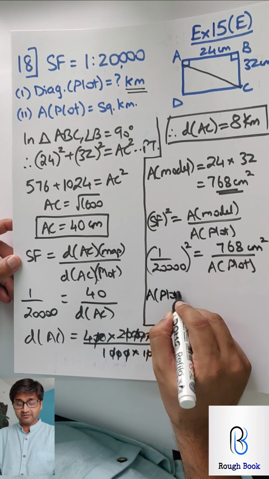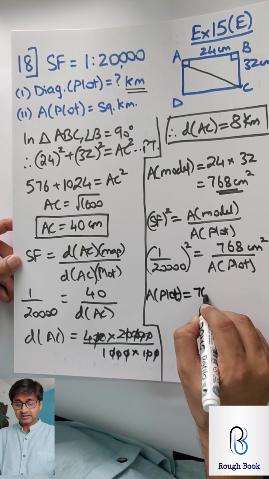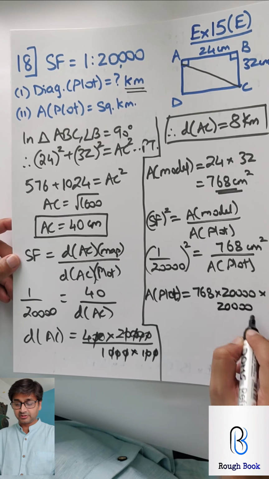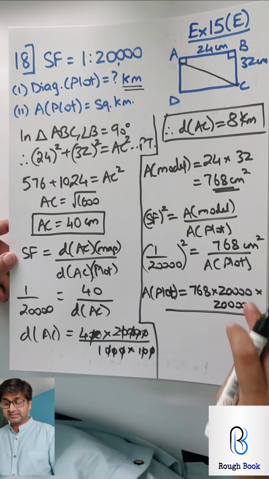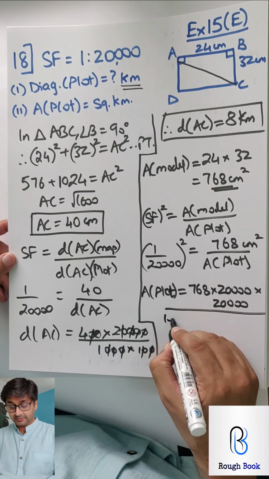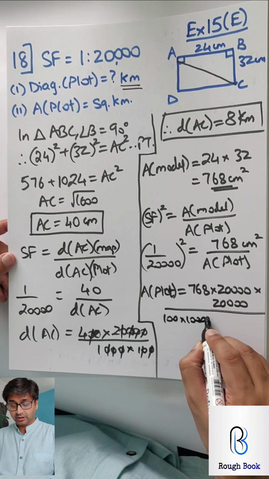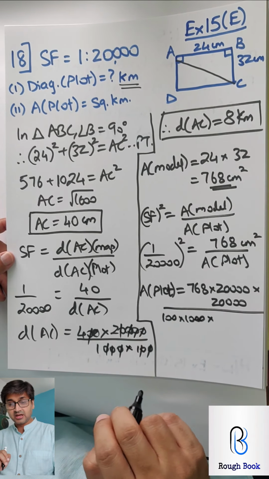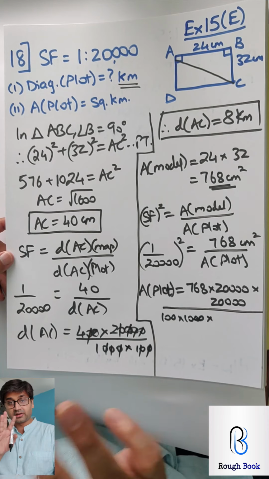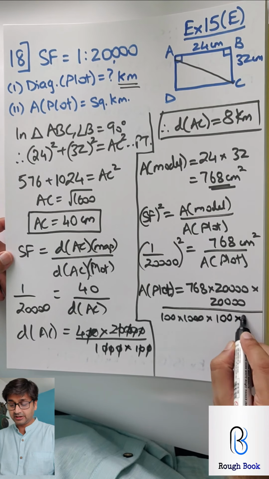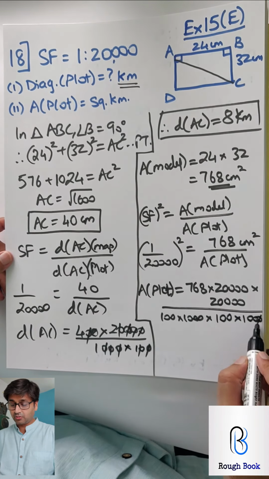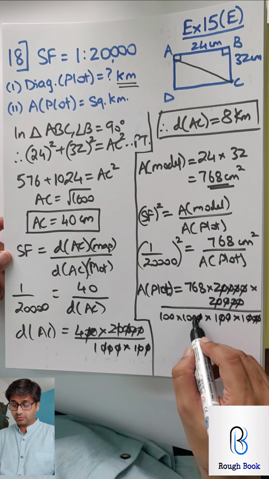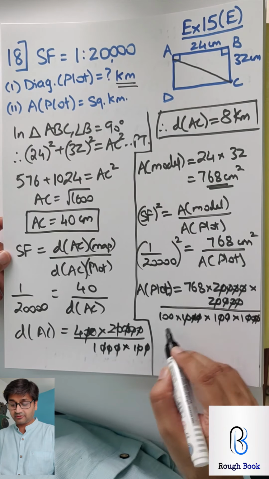Now you got to be very careful here, making no mistakes. 768 into 20,000 into 20,000 upon, now this is centimeter converting to meter, converting to kilometer. Since it is area, your conversion will happen twice. If it was volume, you would have converted thrice. So one more time, meter, centimeter. So 100 is left. I'll have to multiply all this.